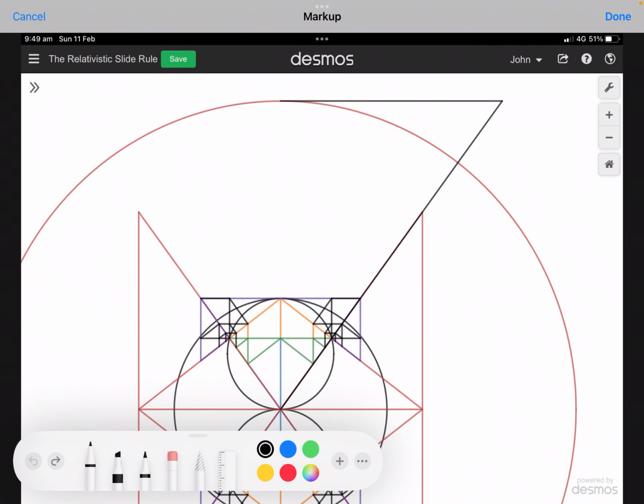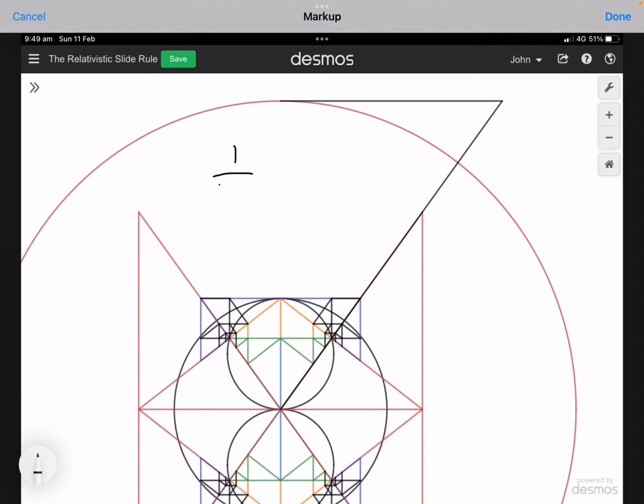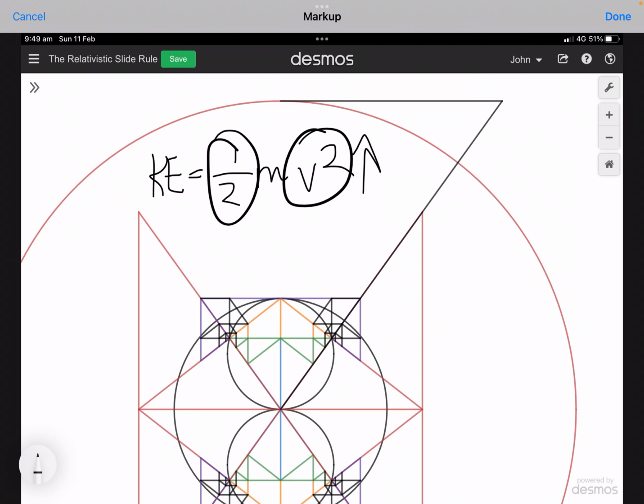Right, I want to introduce this kinetic factor. Now, according to classical mechanics, kinetic energy is half the mass times velocity squared. But as this velocity goes up, this half goes up.